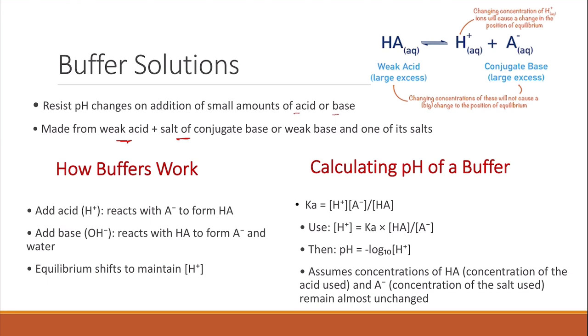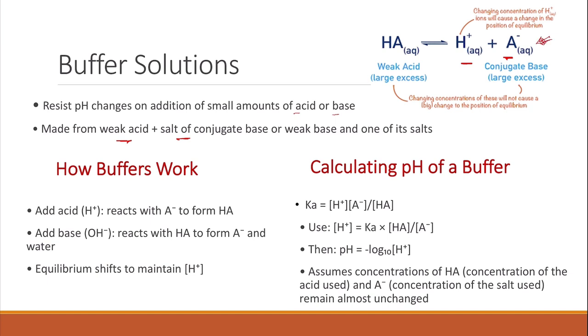How does it work? We have the acid, and we know that the acid will partially dissociate in aqueous solution to give the hydrogen ion and the anion. And then we add some of the conjugate base, or that anion, to this acid.